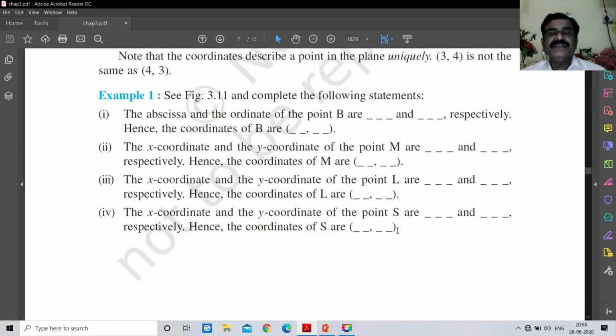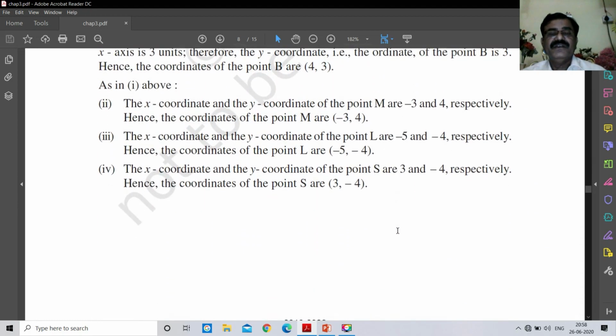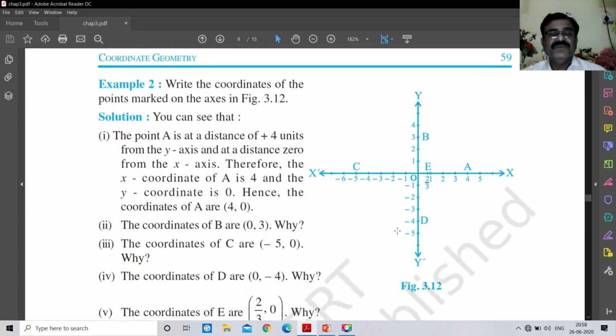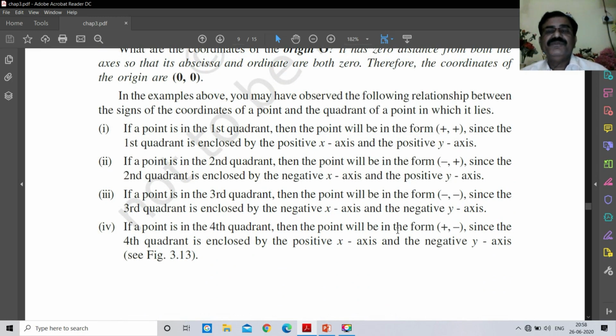Now students, very easily you can solve the questions given in the NCERT books. It is very clear, and you should know that in the first quadrant the signs are plus plus, that is, the x distance is positive and the y distance is also positive. In the second quadrant the x values will be negative while the y values will be positive.